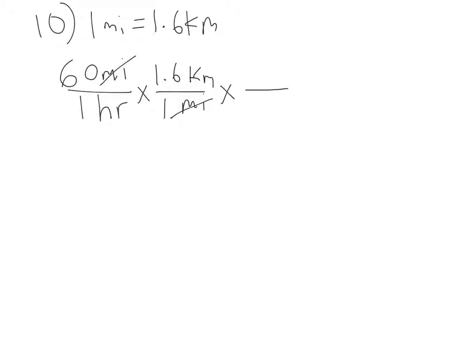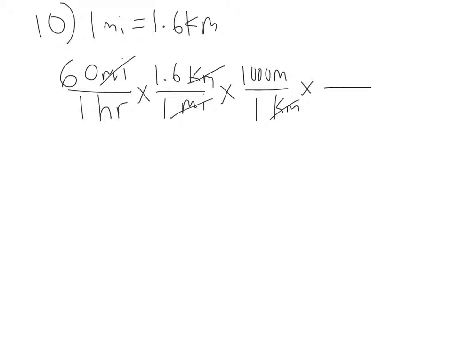So let's go from kilometers into meters. I'm going to put kilometers on bottom, meters on top. This way we can cancel the kilometers. And I know there are 1,000 meters in 1 kilometer. Okay, if I were to stop here again, it would be meters per hour. I want meters per second.